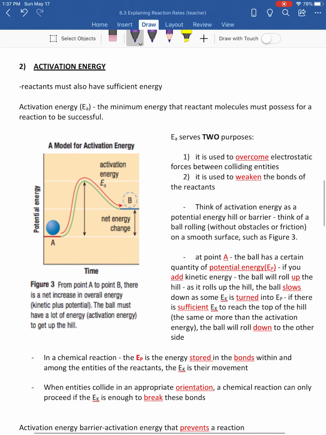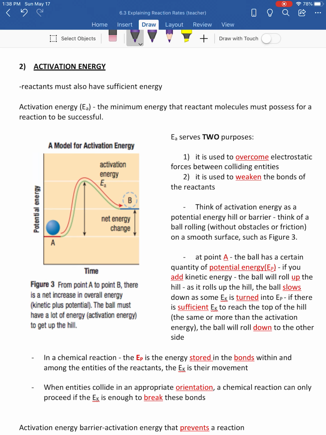So looking here, activation energy. Activation energy is the energy that's required for each of the reactants to possess in order for the reaction to be successful. So first off, what did we say had to happen? We said that for an effective collision to occur, my reactants have to be in the proper orientation.